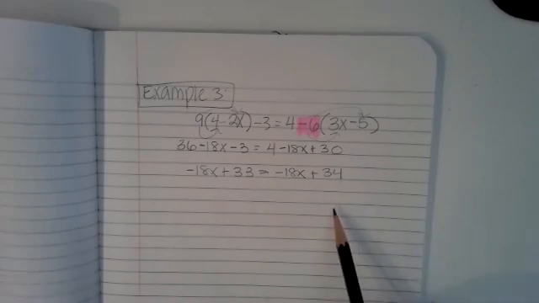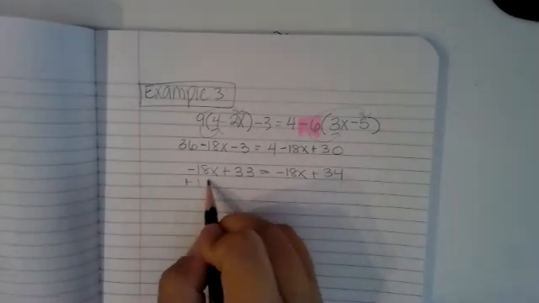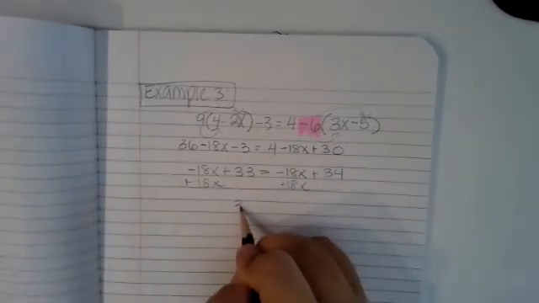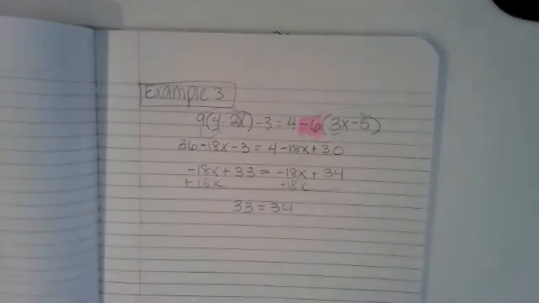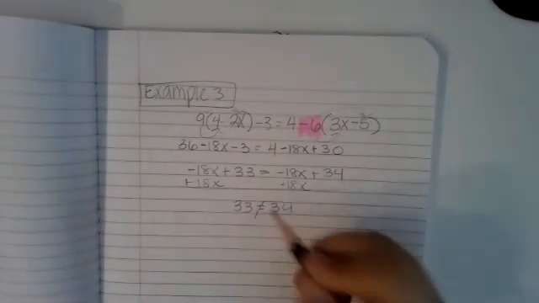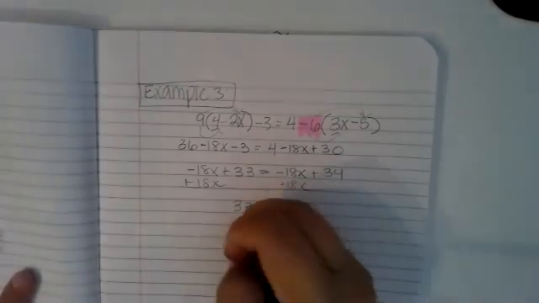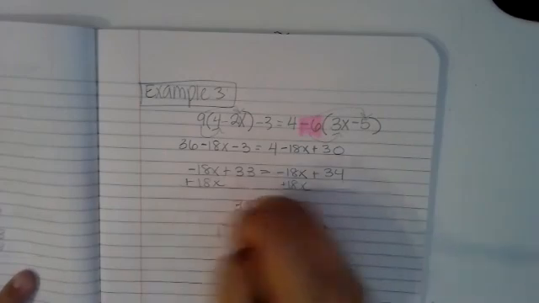No. So when we look at this, now I'm going to get my variables all to one side. I'm left with 33 is equal to 34. Is that a true statement? Absolutely not. So this right here is a no solution.